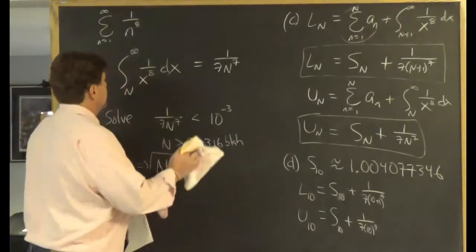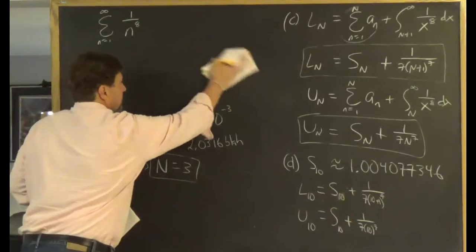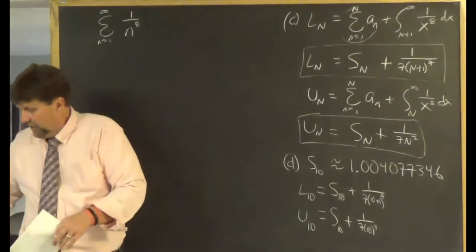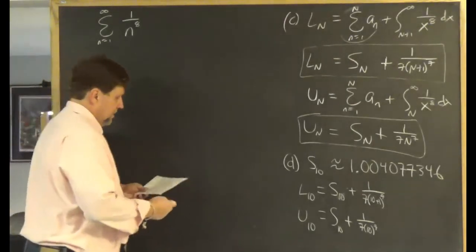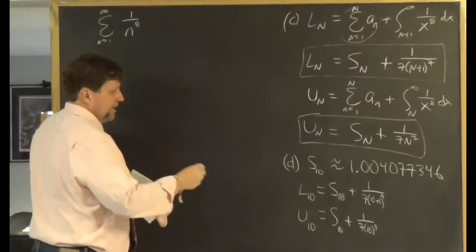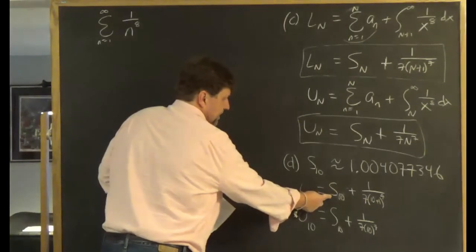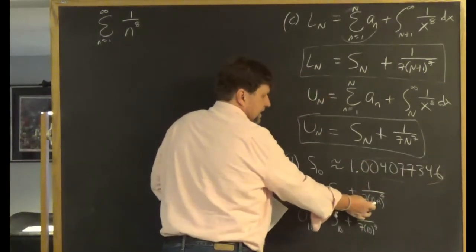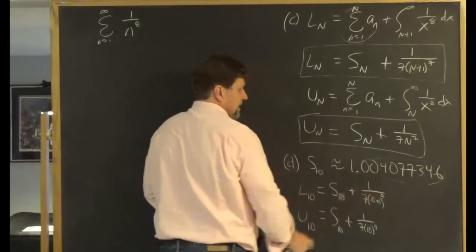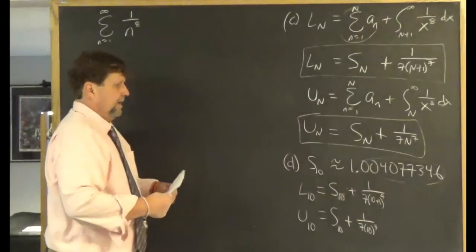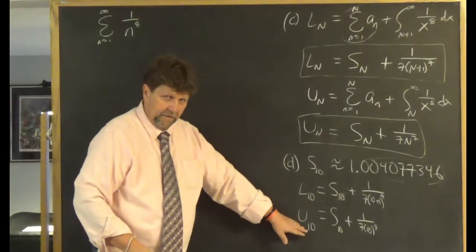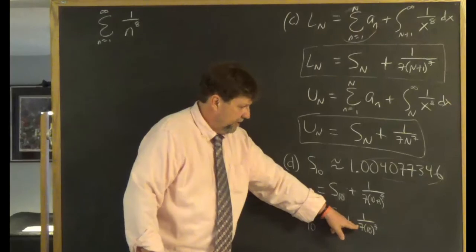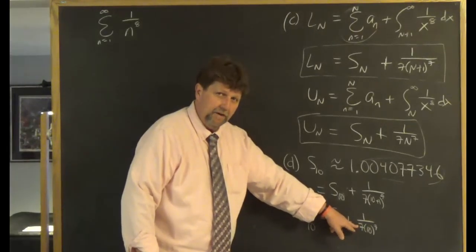Okay, running out of room, so I'm going to erase this. If you use your calculator, you take S sub 10 plus 1 over 7 times 11 to the 7th power. You can get the same thing for the upper bound, S sub 10 plus 1 over 7 times 10 to the 7th power.